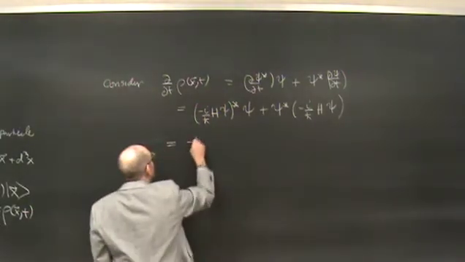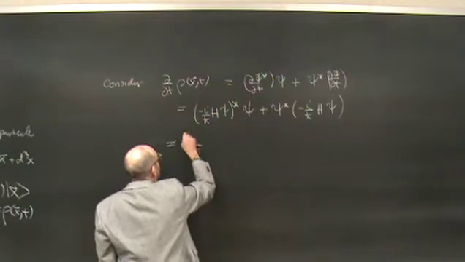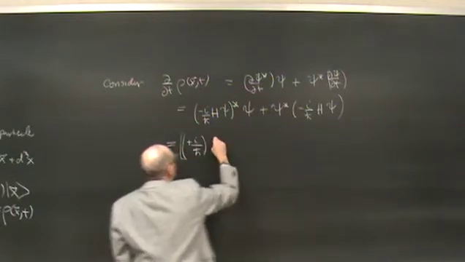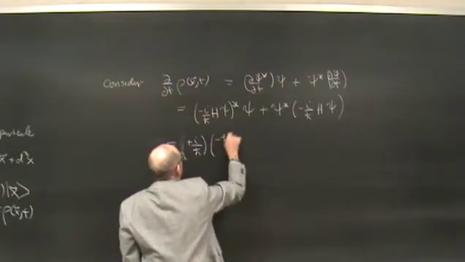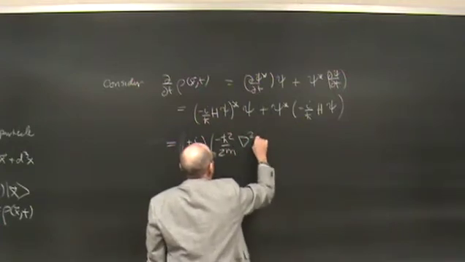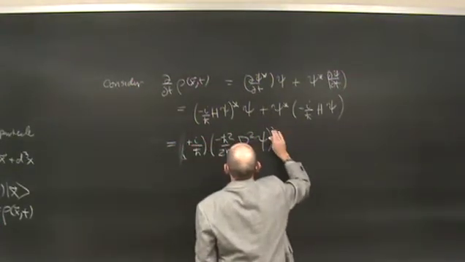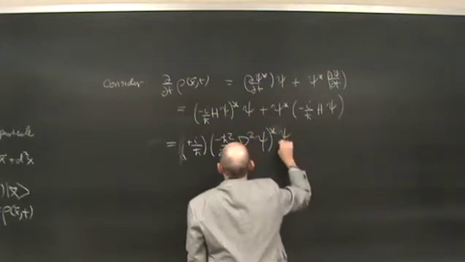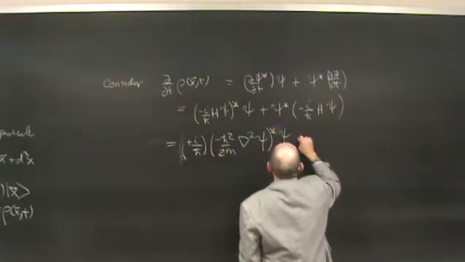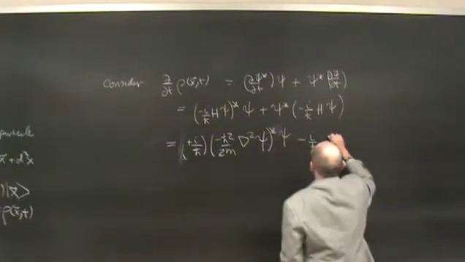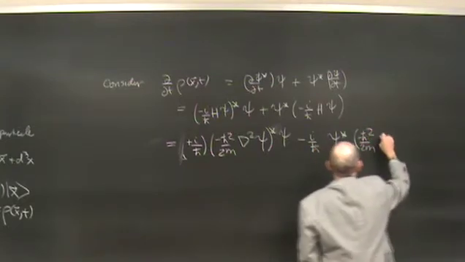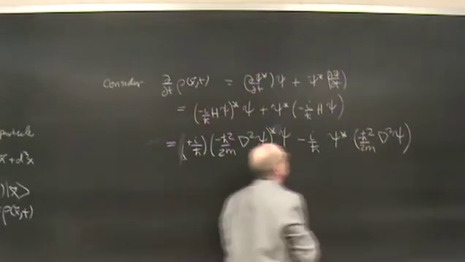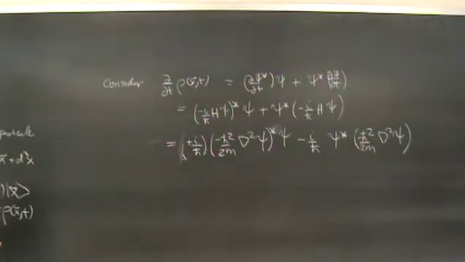So all I'm left with is minus i over h bar times minus h bar squared over 2m Laplacian of psi star, psi, minus i over h bar psi star times minus h bar squared over 2m Laplacian psi. The potential terms cancel out.